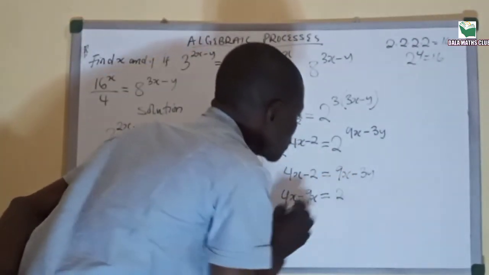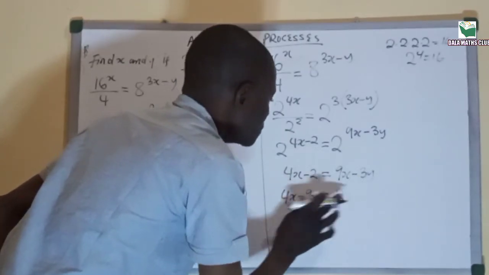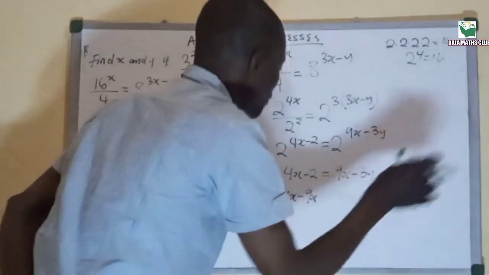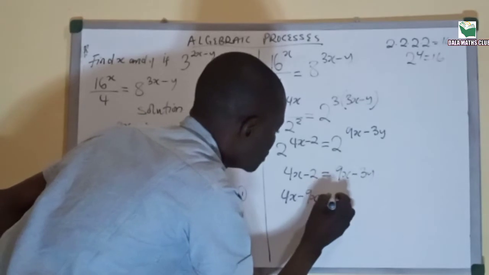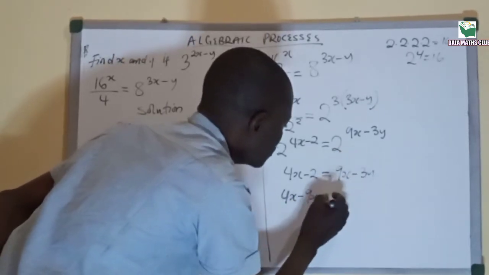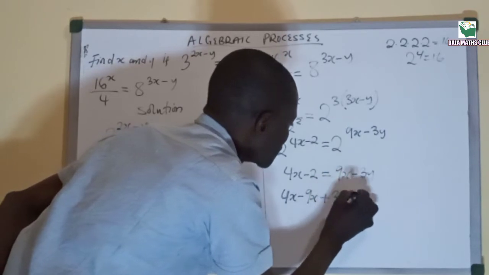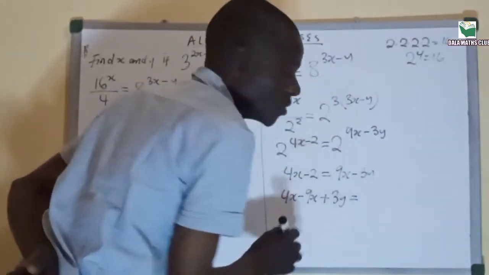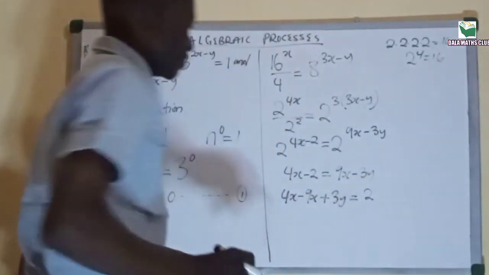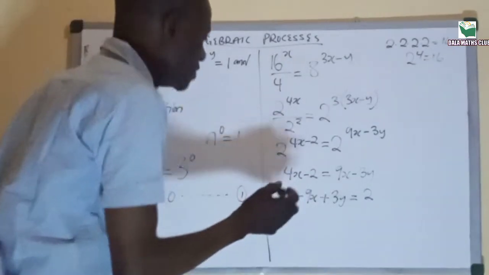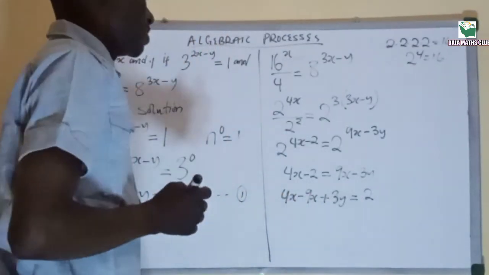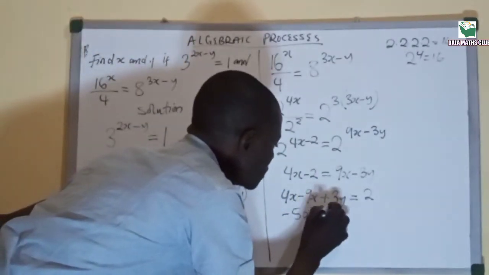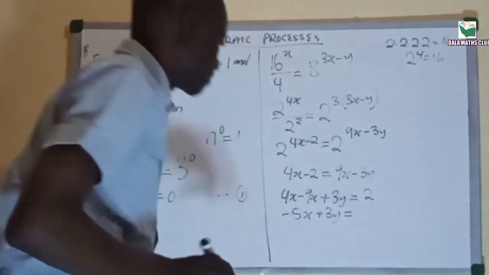First let us transfer the y: minus 3y becomes plus 3y, and when the 2 crosses the equal sign it becomes positive 2. So we simplify: 4x minus 9x gives minus 5x, plus 3y is equal to 2.